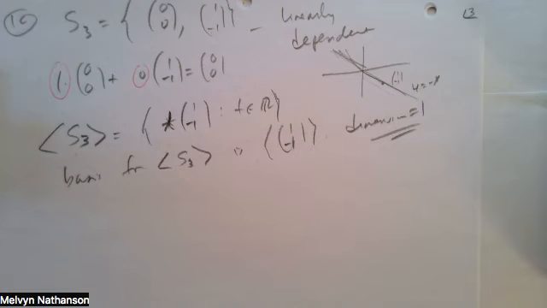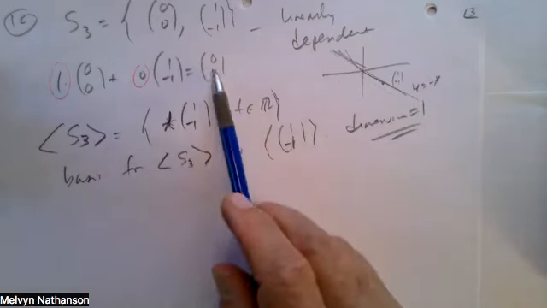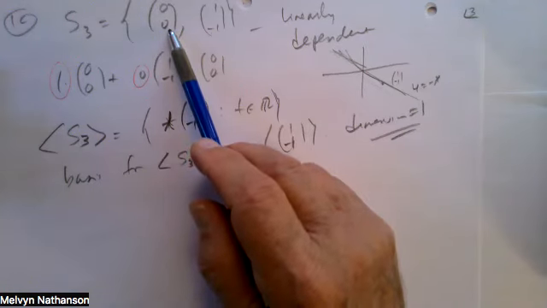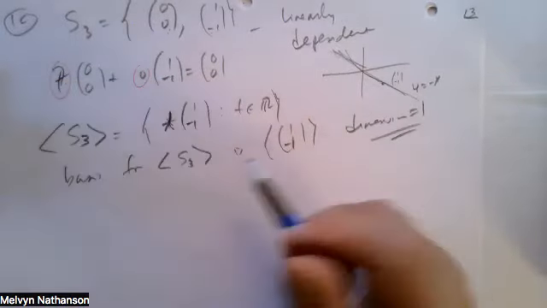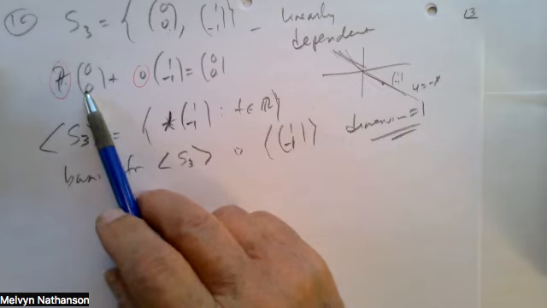How did you know to multiply 1 by the vector (0, 0) and 0 by the vector (1, -1)? Well, first I can look at it and see that if I have the 0 vector, no matter what I multiply it by, I get the 0 vector. I could have multiplied it by 7. It's the same thing. 7 times the 0 vector is still the 0 vector.